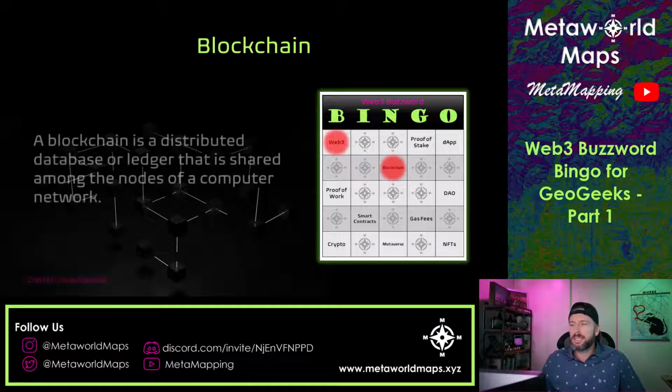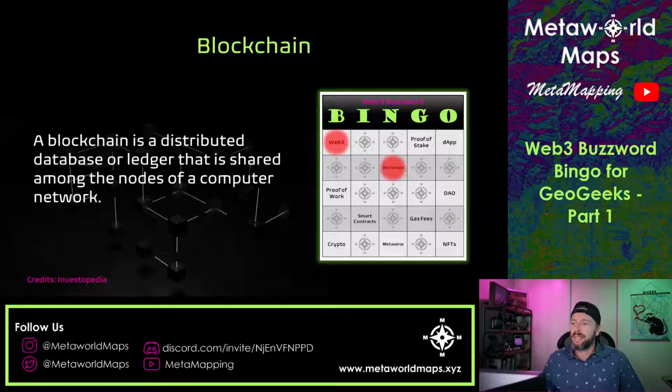So what a blockchain is essentially just a distributed ledger, a way to keep records that is a database that is shared across multiple nodes within a computerized network. So I like to think of a blockchain as a spreadsheet or Excel on steroids.